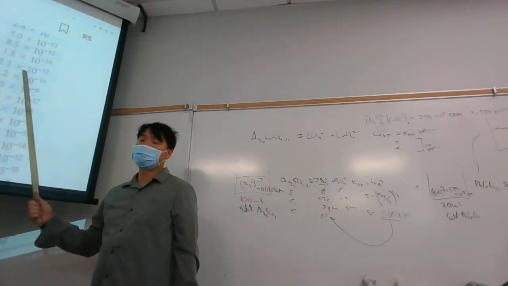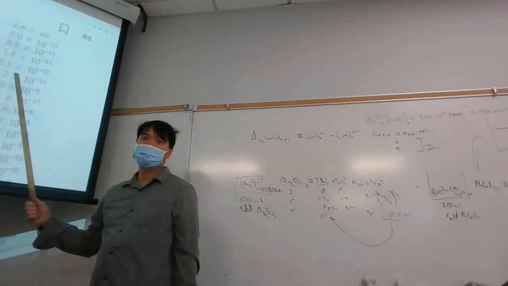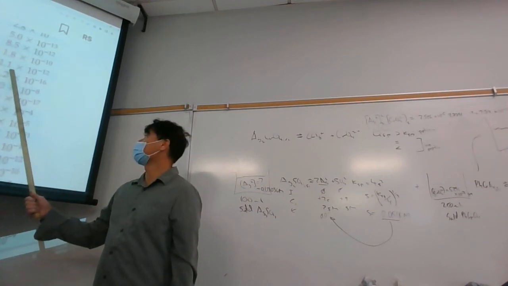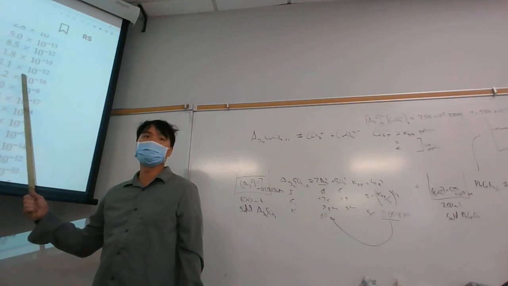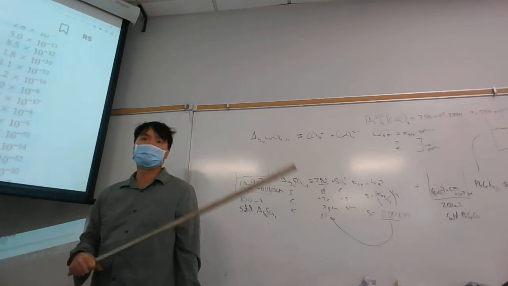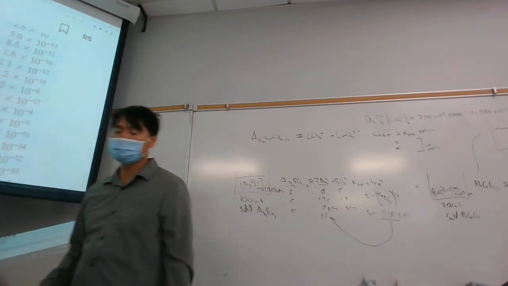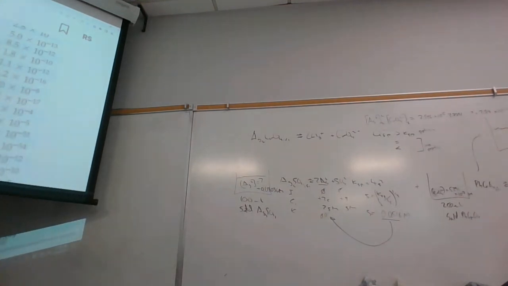So we got 2.4 times 10 to the negative 11. 2.4 times 10 to the negative 11 is bigger than 1.1 times 10 to the negative 12, which means we're going to get a precipitate. So precipitate forms, because QSP is bigger than KSP. So which one are we looking at again? Was it silver chromate? Yeah, silver chromate. 1.1 times 10 to the negative 12.